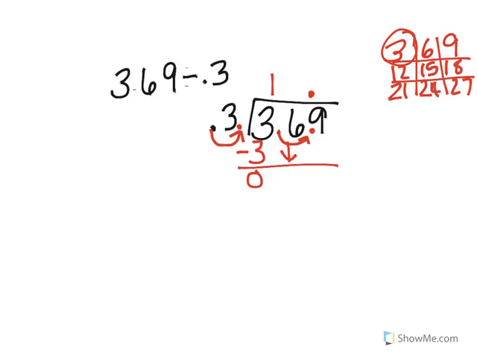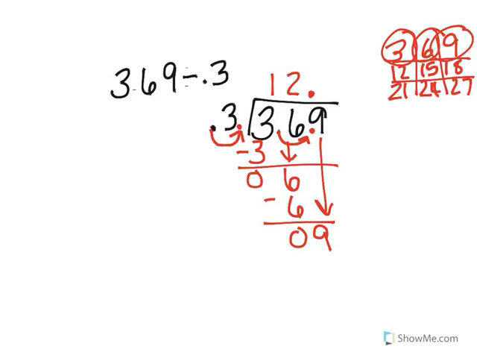Subtract, I get 0. Bring down my 6. The closest I get to 6 without going over is 6, which is multiplying it by 2. Subtract, I get 0. Bring down my 9. The closest I get to 9 without going over is 9, which is multiplying it by 3. Subtract, and I get 0. So my answer is 12 3/10.